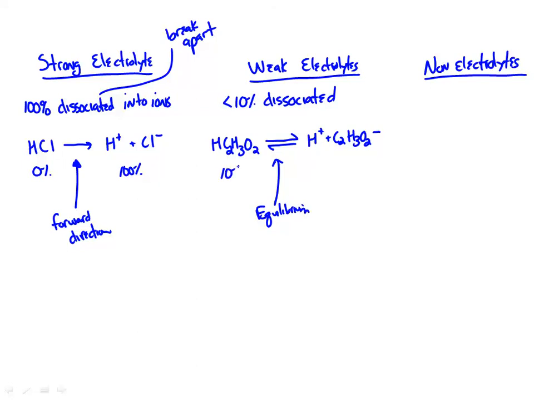For instance, there might be 10% that and 90% that. So even though some of them break apart into ions, a good chunk of them do not. Wait, I got the 10 and the 90 backed up. So that's 90%, that's 10%. The majority of them aren't broken apart though, right? Just a few. And then, of course, non-electrolytes do not dissociate.